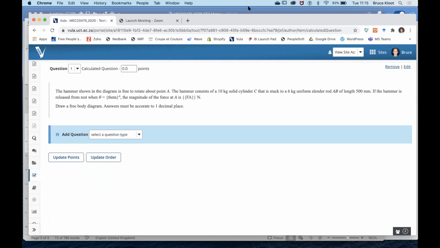Folks, so very quickly, any questions for Bruce before we go a little bit further? Brandon: Bruce, you had a maximum and minimum there. What is that? Is that the range that's going to be presented to the students? So they're going to get random numbers in that range? Correct.